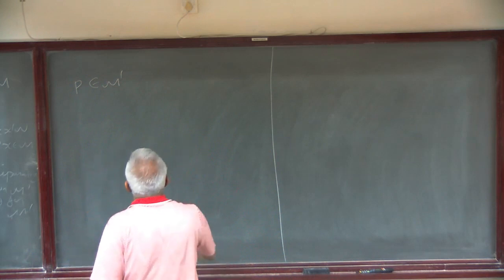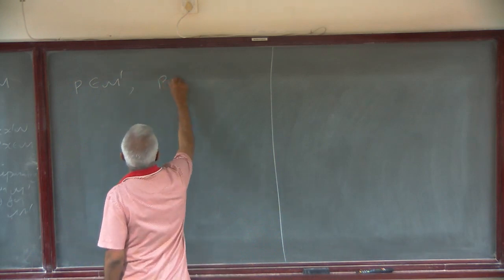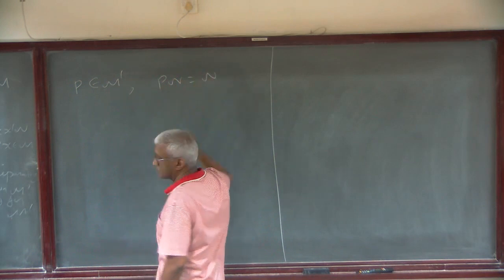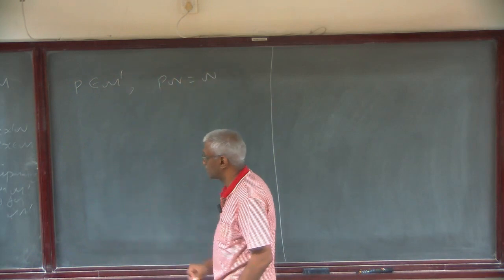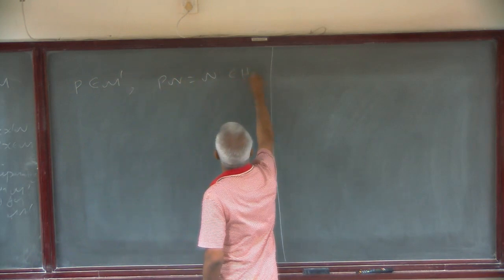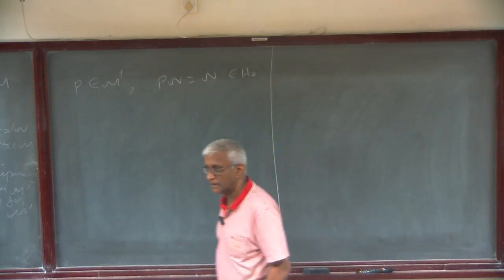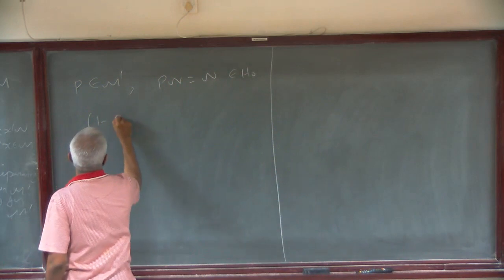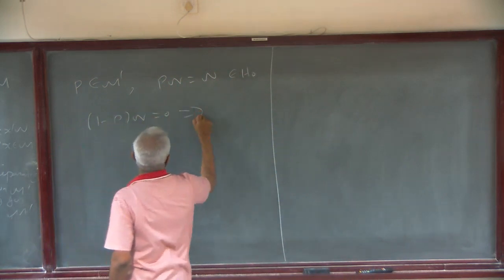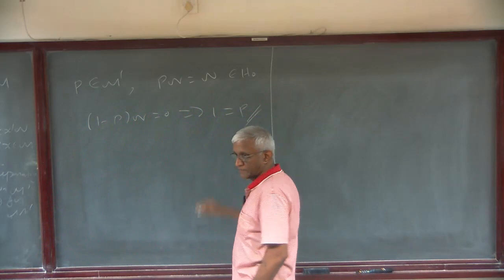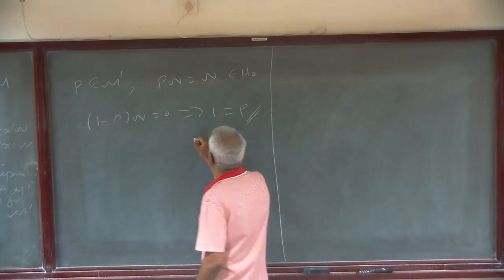And P omega equal to omega, right? Because P is the projection onto H naught, and omega is in H naught. So P omega equal to omega, which means (1 minus P) omega equals 0. Since separating, this gives 1 equal to P.